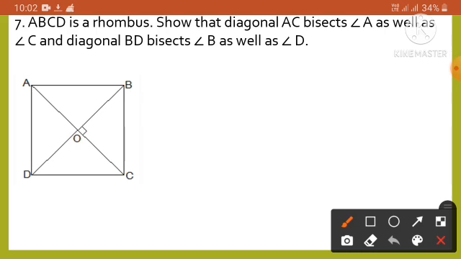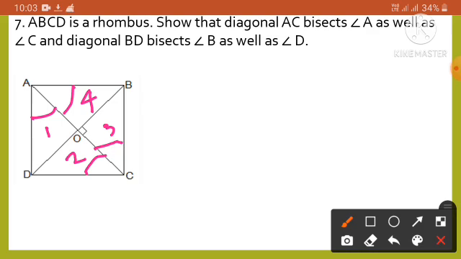Now, at first we are mentioning all the angles here. DAC, this angle, as angle 1. Next, DCA as angle 2, then angle BCA as angle 3, and next, BAC as angle 4.